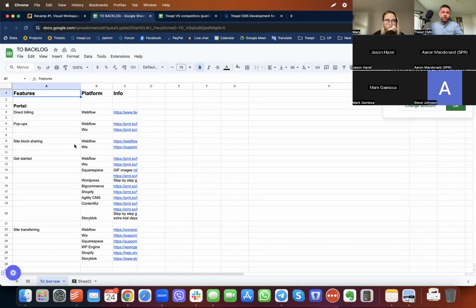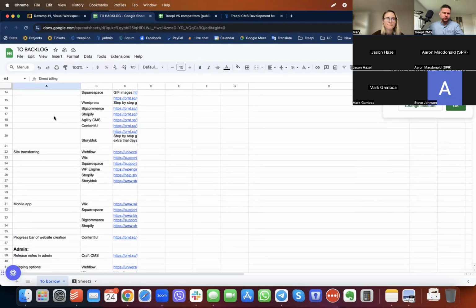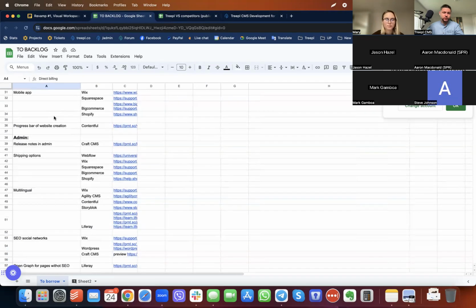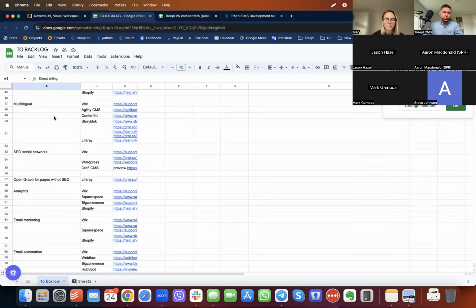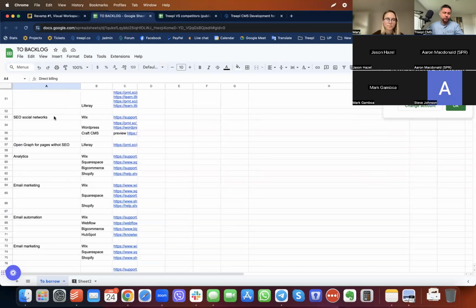So we created a separate document that we passed on to Lot, where it's 81 features and improvements that we would like to add to the platform.